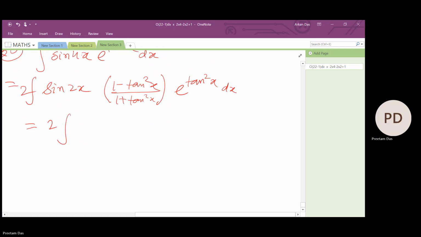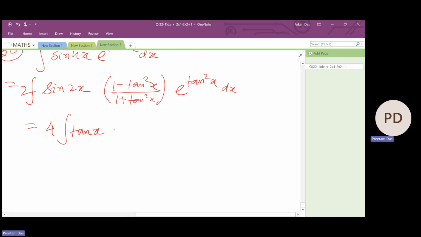Integration. So this is tan square x here, and then again, when you expand and simplify, you will get 4 tan x. It will become sin x cos x. To make it tan x, you have to divide by cos x and then one more cos x. So cos square. And this will also become what? Sec square.